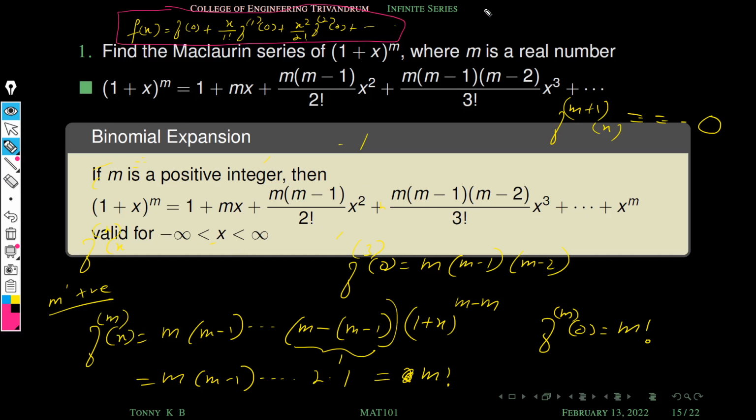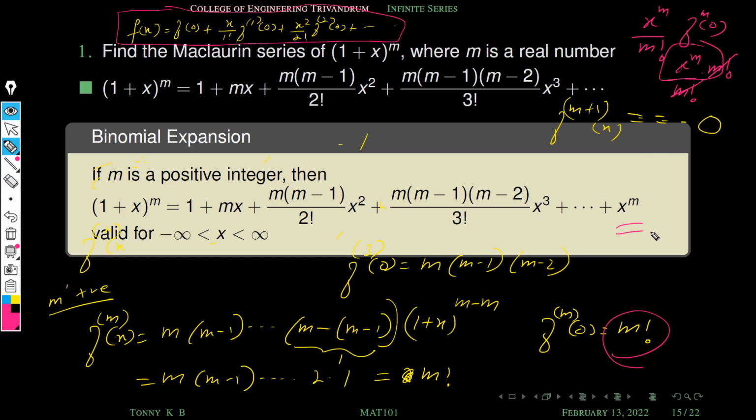So what is the coefficient? What is the term corresponding to fm of 0? Corresponding to f2 of 0, this is x square by 2 factorial. So corresponding to fm of 0, the term is x raised to m by m factorial. And in this case, fm of 0 is m factorial. So the last term becomes x raised to m by m factorial into m factorial, that is nothing but x raised to m.